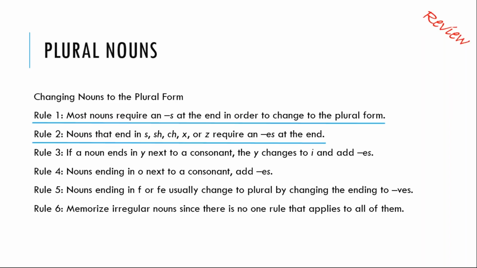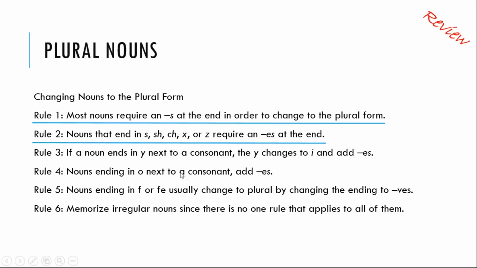So last week we looked at these 6 rules. The first rule was that most nouns require an S at the end to make them plural. The second rule was that when nouns end in S, SH, CH, X, or Z, you require an ES at the end to make them plural.